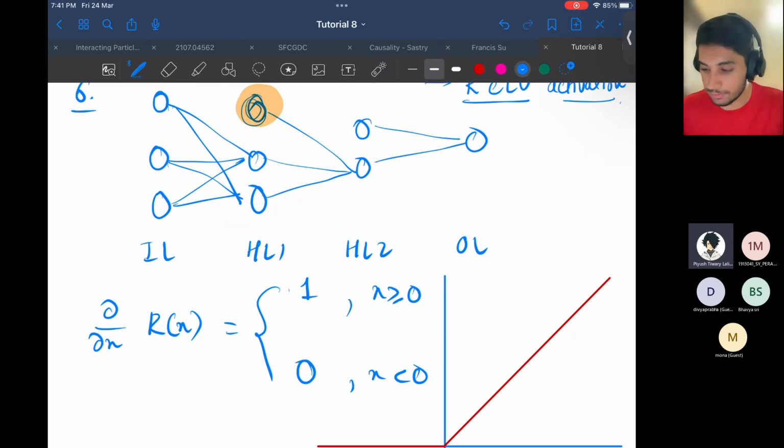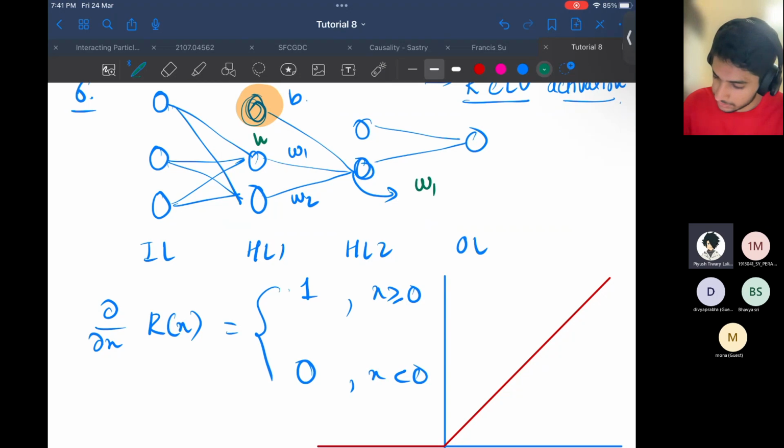Let's write it down. Whenever we don't know anything, just write things down. So let's say this is W1, this is W2, and let's say this is some bias B. So what will be the input that is going here? This should be W1 times, let's say this is H1, this is H2. I'm just using some arbitrary terms.